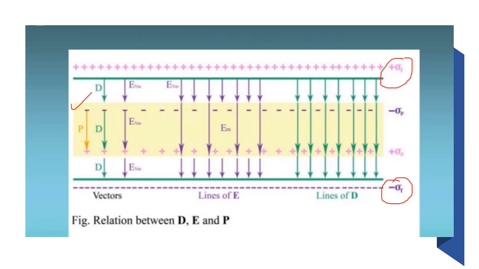Due to this charge separation, the field is known as the displacement electric field, and these are called dipoles. Dipoles give us polarization. So we have three vectors here, D, E, and P. D lines are shown on the right hand side.